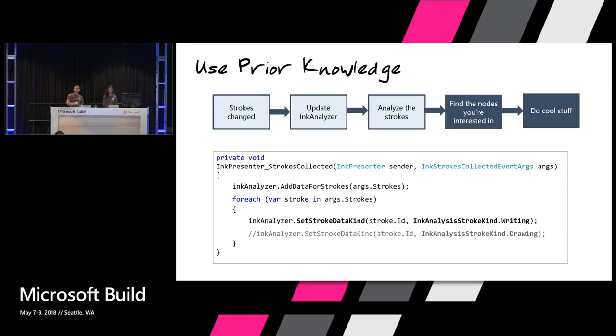That has two benefits. One is that some of our engine is bypassed, so the analysis is more lightweight. The second is that you achieve better accuracy. But if the user decides to mess up with your application, you will still be guaranteed the outcome as writing or drawing, as you specified earlier.